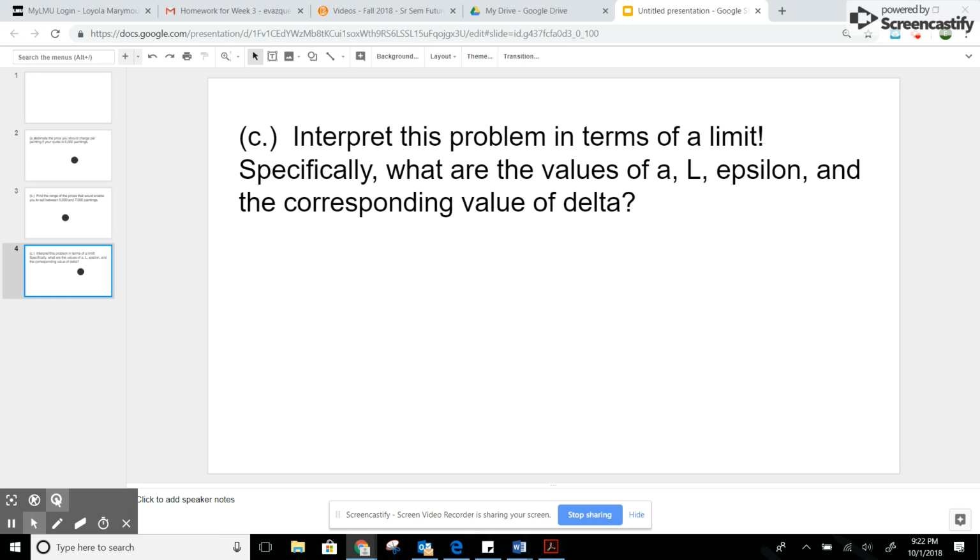To make this into a limit problem, however, I would need to allow my A to equal 50, because you want to see it as it's approaching 50. So that would be my limit as X approaches 50. Since that is the maximum price of the paintings, L would be 3.083.